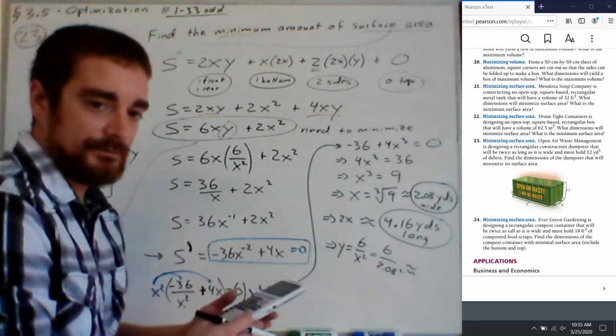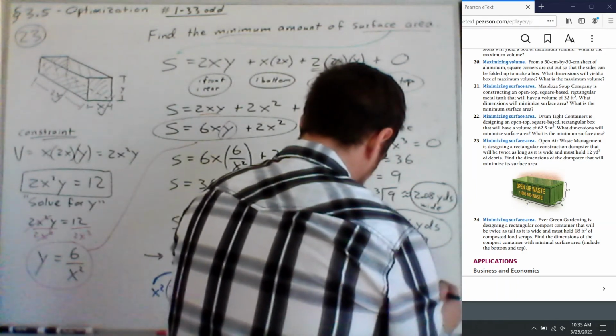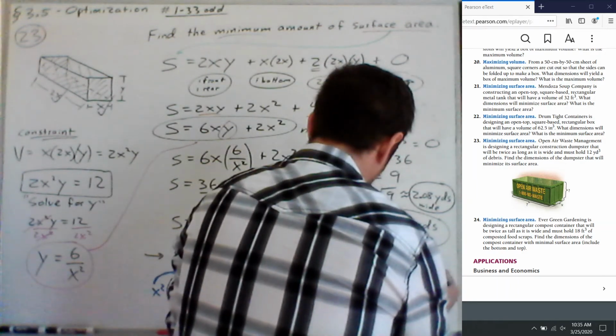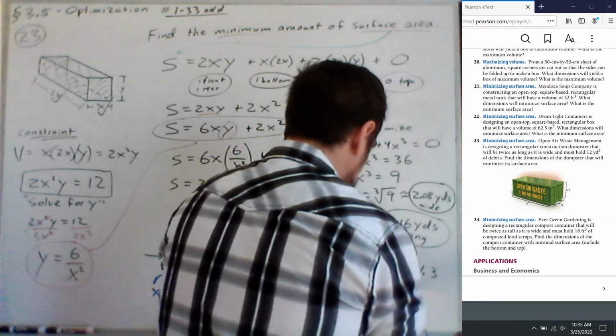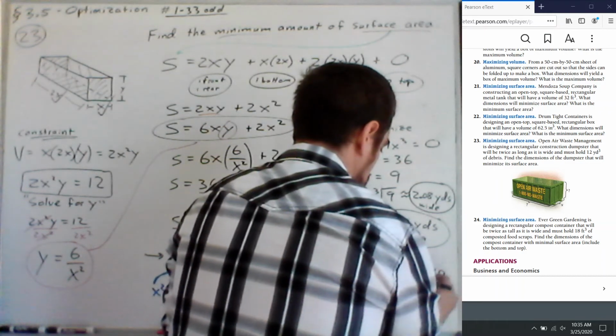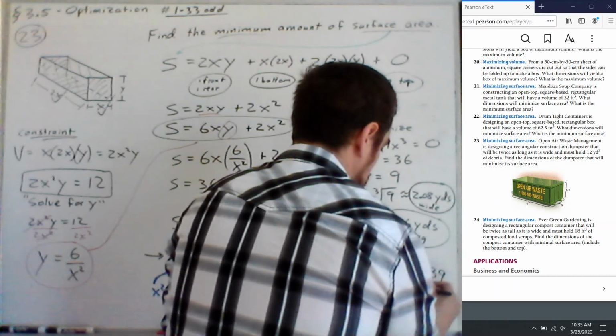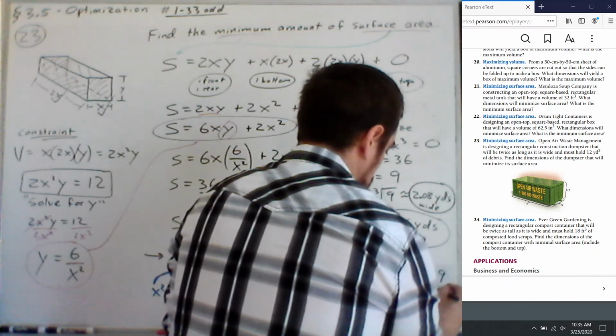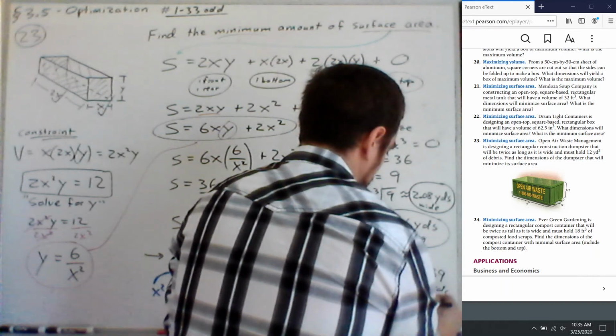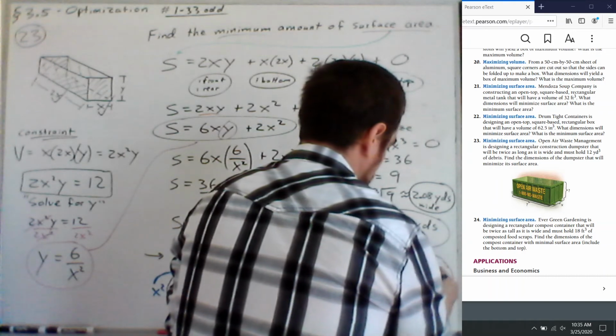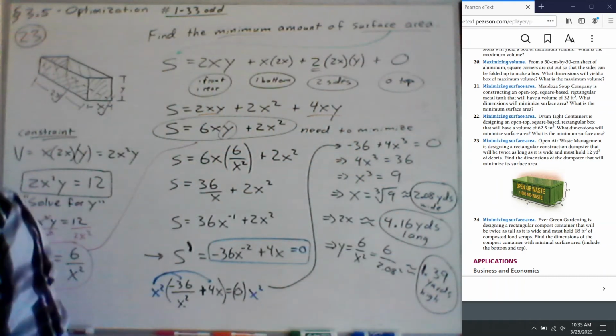I wish I had that on-screen calculator, but we'll make do here. I get 1.386. Let's round it up to 1.39 yards high. There we go. Now we have all three dimensions.